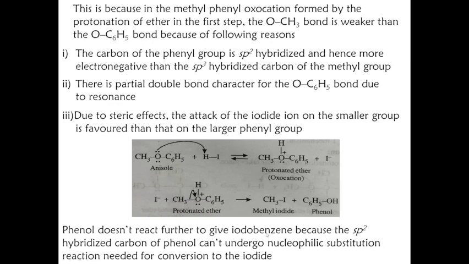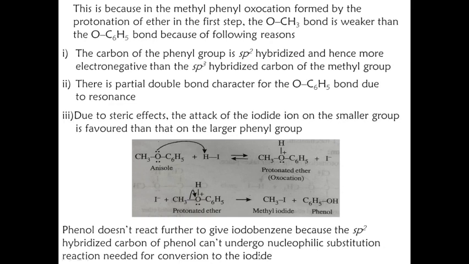In the previous case, the alcohol that is formed further reacts with excess hydriodic acid and forms the alkyl iodide. In this case, it does not undergo further reaction with hydriodic acid to form iodobenzene, because the sp2 hybridized carbon of phenol cannot undergo the nucleophilic substitution reaction needed for conversion to the iodide.